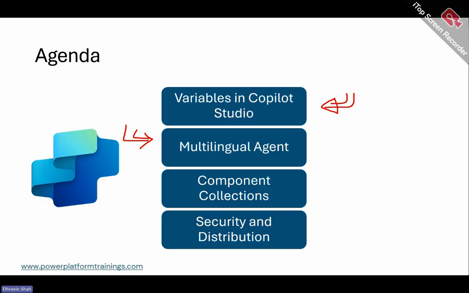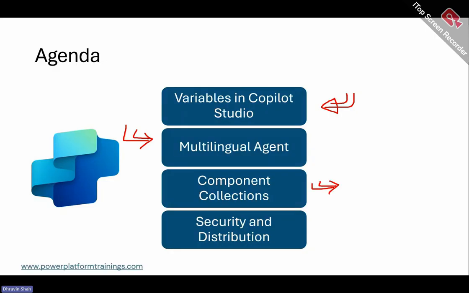Then we'll talk about another important topic called component collection. So what is component collection? When we started our journey with Copilot Studio and looked at the overall studio tool, we also talked about one feature, component collection. It is like a reusable component.